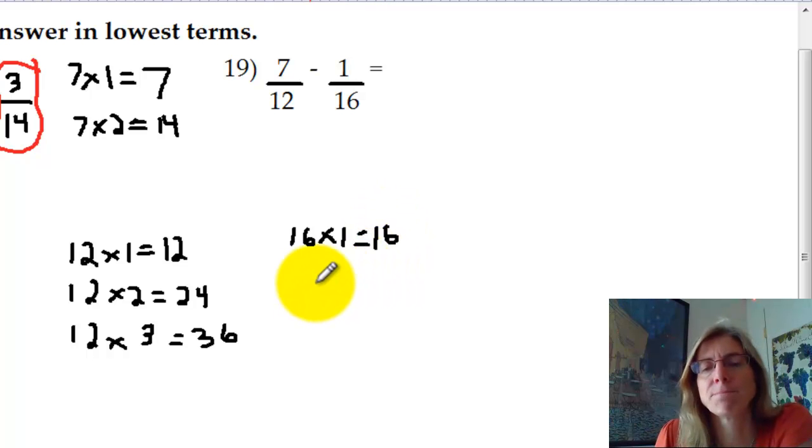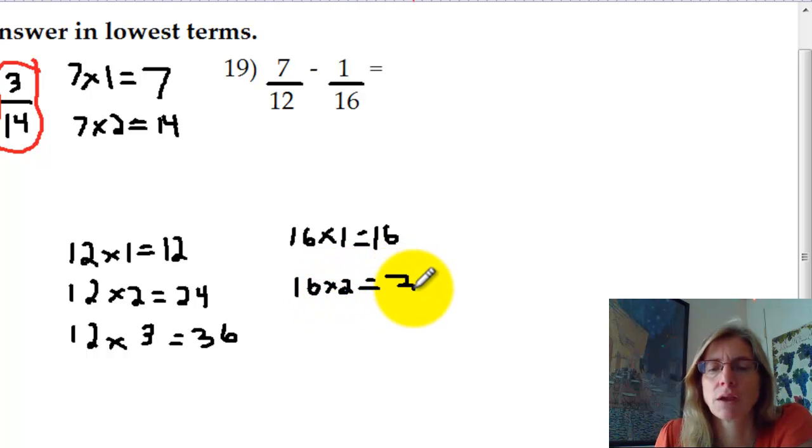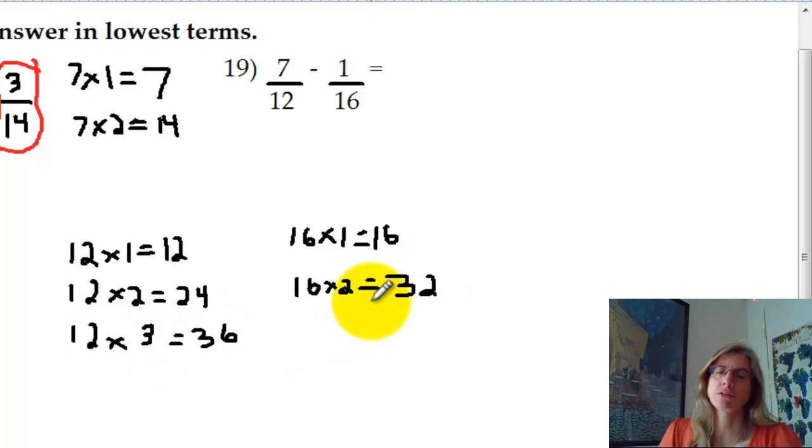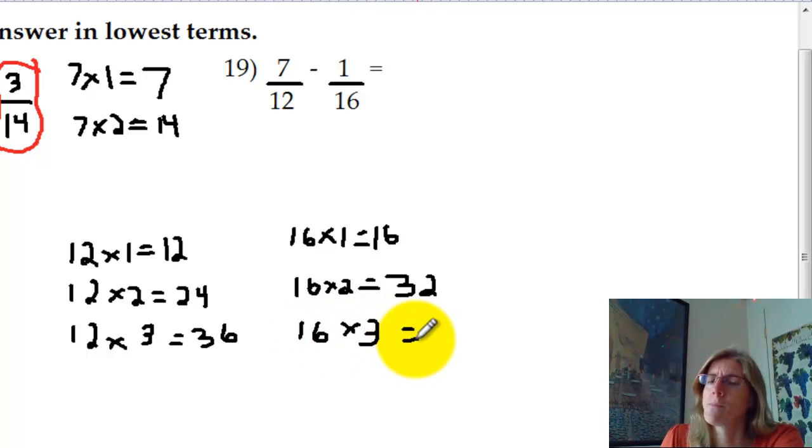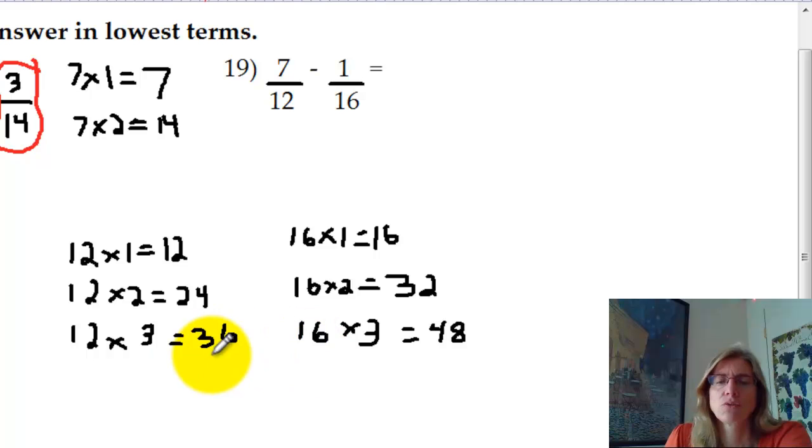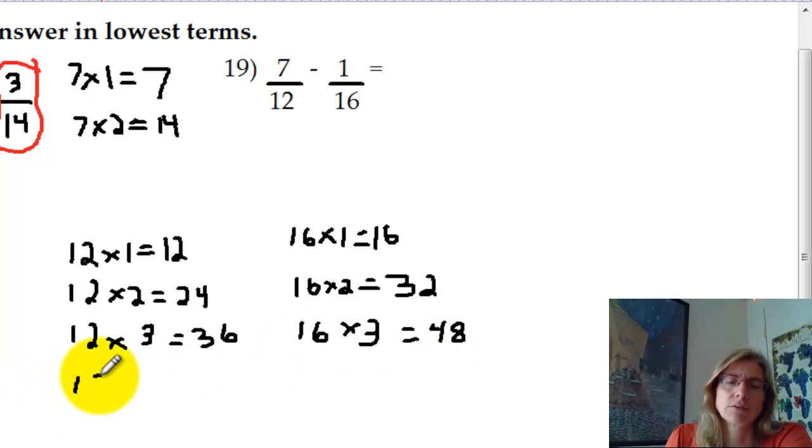No. 16 times 2 is 32. And we say, does 12 go into 32? No, because 12 times 3 is 36. Now we have to go to the next one, 16 times 3, which is 48. Does 12 go into 48? Yes. 12 times 4 is 48.